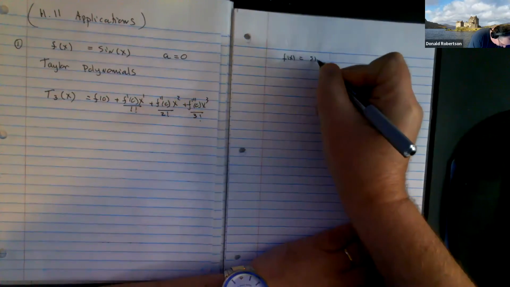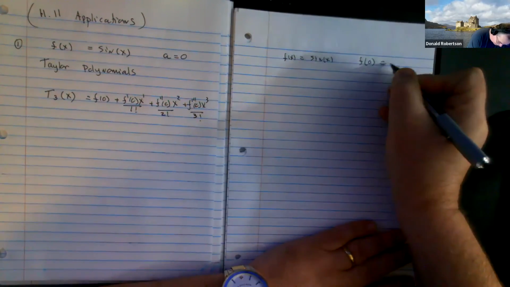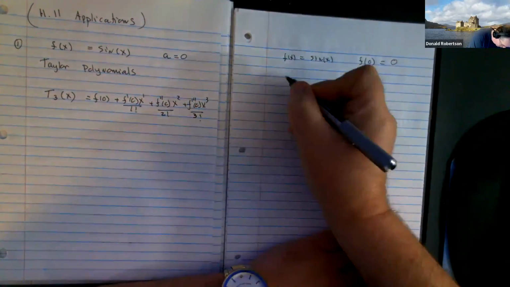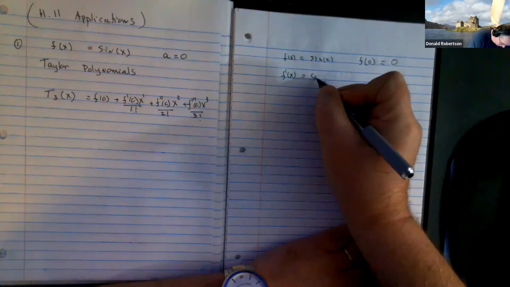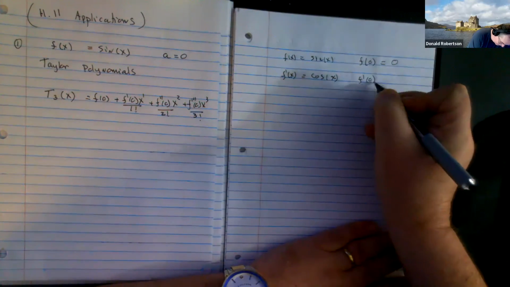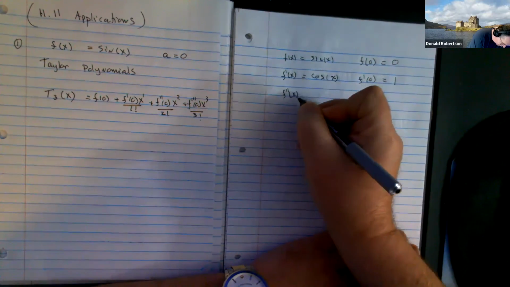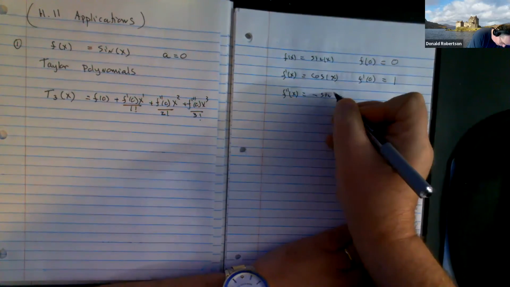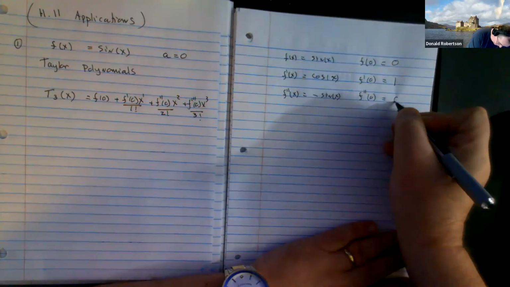I have a sine function, and its value at 0 is 0. Hey, we've got a 0 straight off the bat. If you do f prime of 0, it's cosine of x, and that gets me 1. If I do the second derivative, I get negative sine x, and the second derivative at 0 is back to being 0.